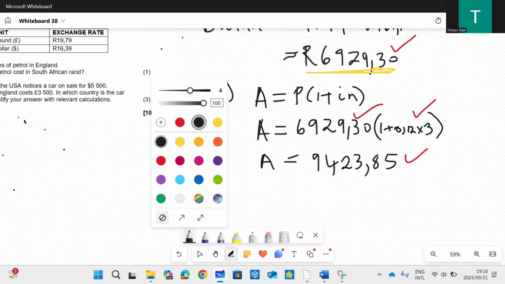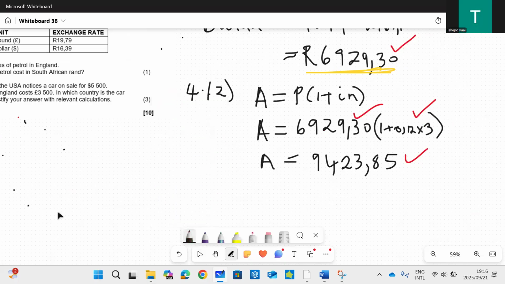Monthly payments will then be equals to, let us move our screen a bit.